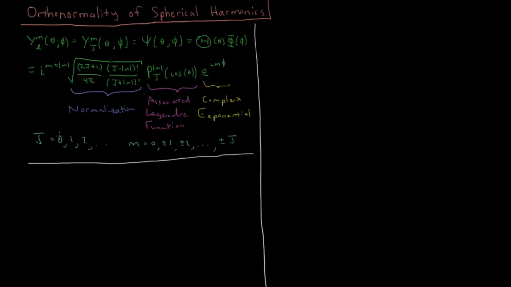So for j equals 0, it can be 0. For j equals 1, it can be minus 1, 0, and 1. For j equals 2, it can be minus 2, minus 1, 0, 1, and 2, etc. This is where the degeneracy in the rigid rotator comes from, in that there are 2j plus 1 states for a given value of j, because there are 2j plus 1 values of m for a given value of j. But on to this orthonormality condition.